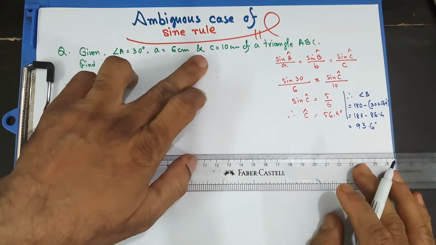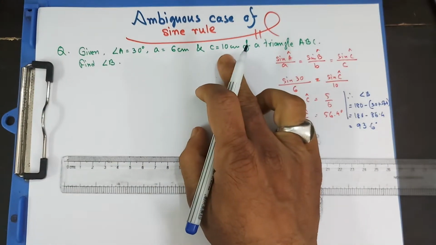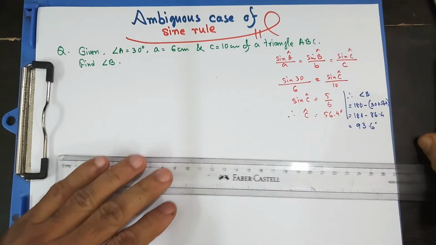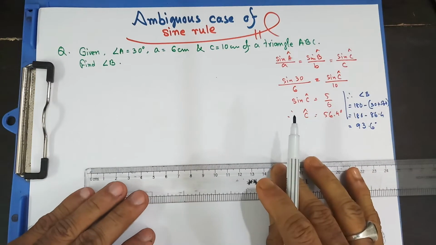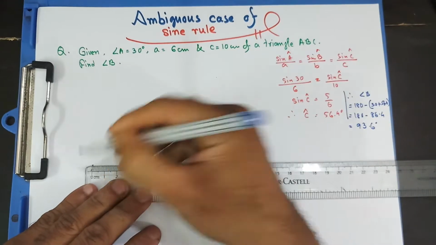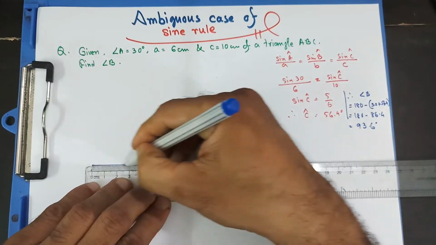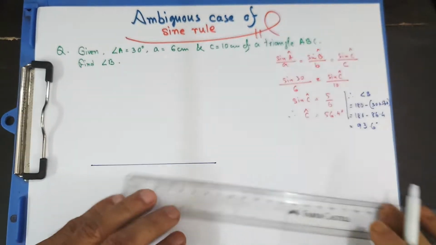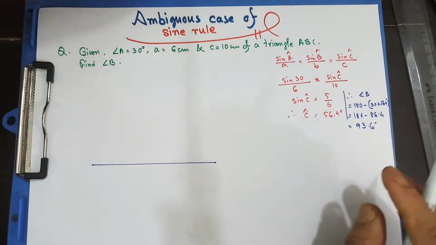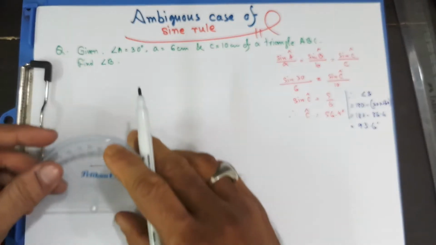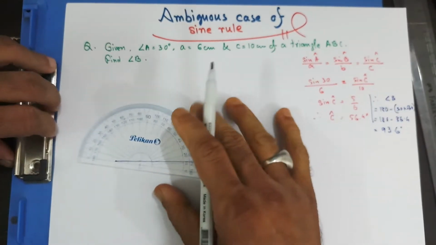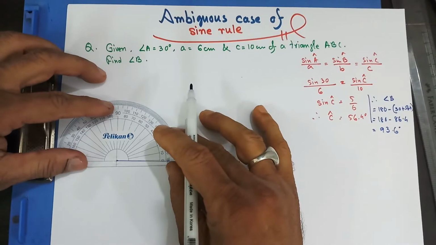See that c is 10 centimeters. So I'm going to draw 10 centimeters over here. From here, this is my 10 centimeters. Then I'm going to use the protractor to draw a 30 degree angle.